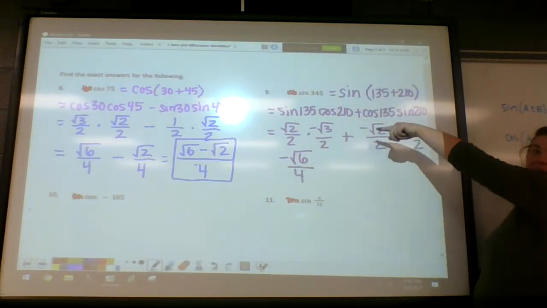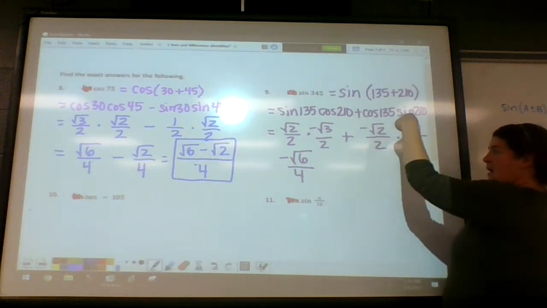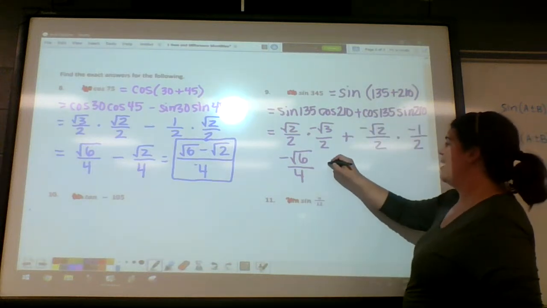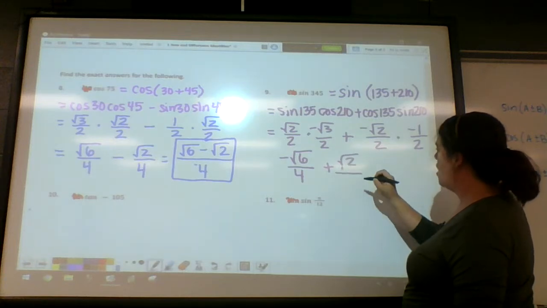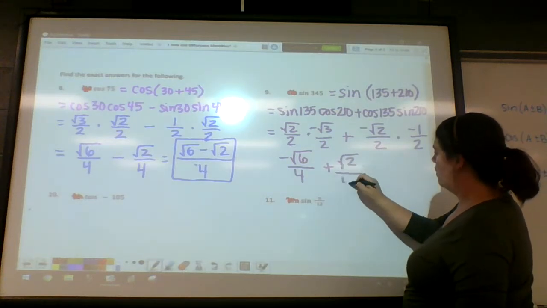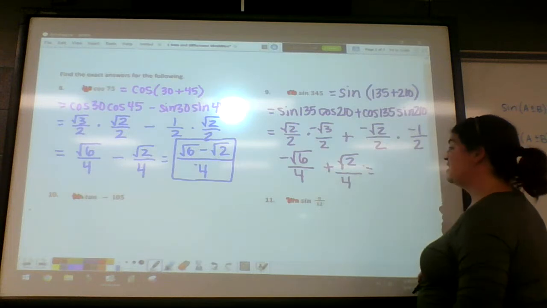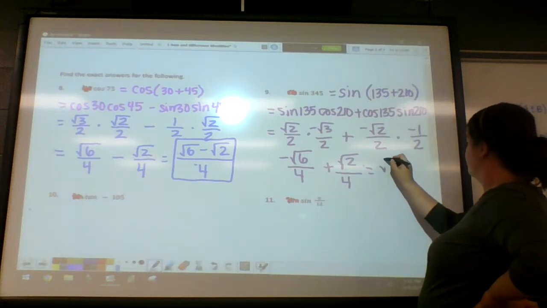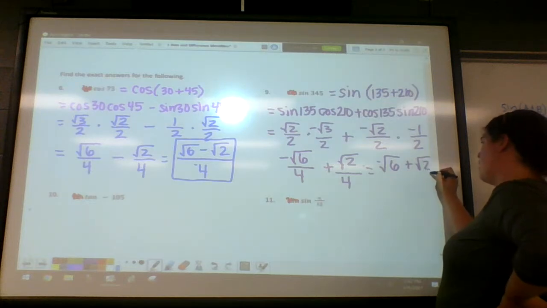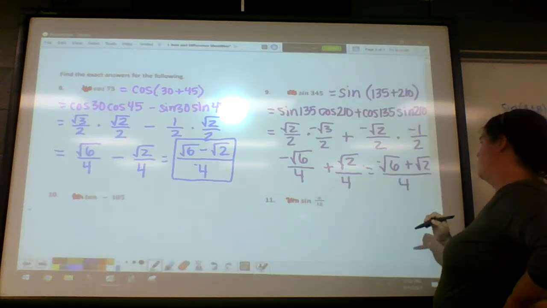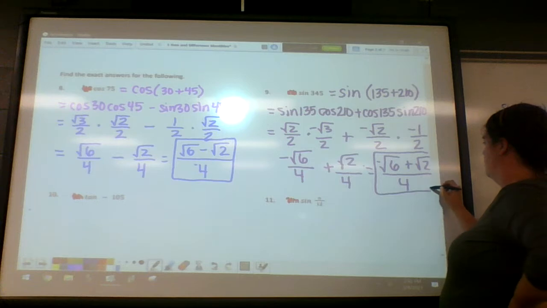That's going to be a positive, right? Negative times negative is positive. And then with the plus sign, this will still be a plus square root of 2, and then over 4. And you can put these together. Negative square root of 6 plus the square root of 2 all over 4.